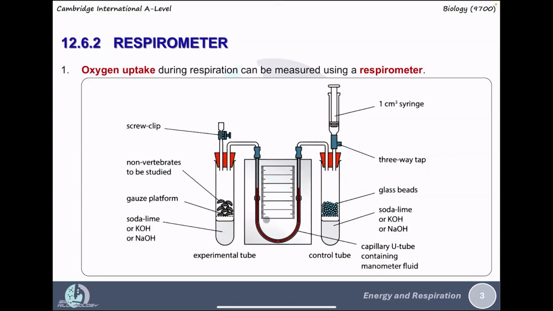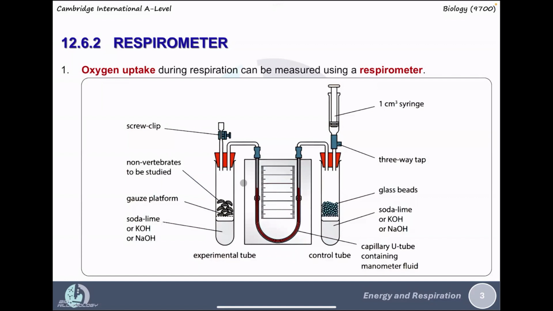Both tubes contain soda lime or KOH or NaOH solution. This sodium hydroxide, potassium hydroxide solution or soda lime, they act as carbon dioxide absorbent. Why we need to include the soda lime or this carbon dioxide absorbent, I will explain it later.